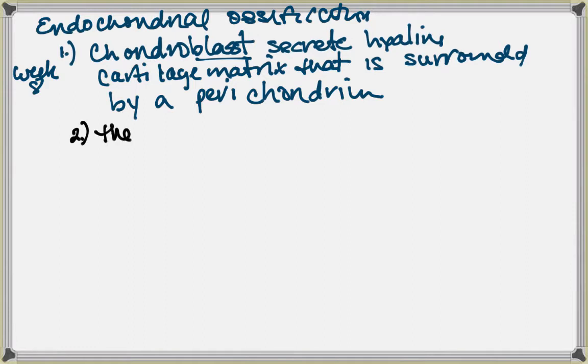Now, once the chondroblasts secrete the hyaline cartilage matrix and it's sitting there, it's no longer a chondrogenic cell, which means it's not making cartilage anymore. So then this chondroblast is going to change into a chondrocyte.